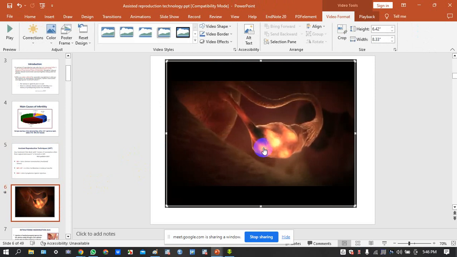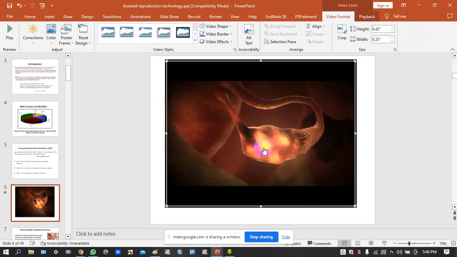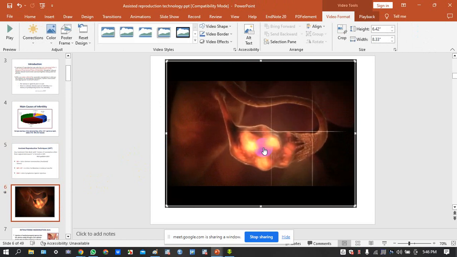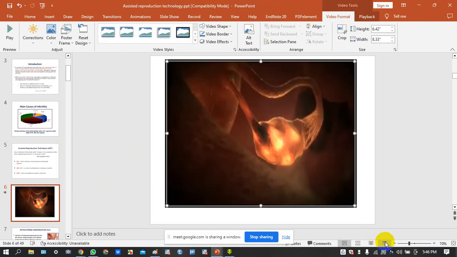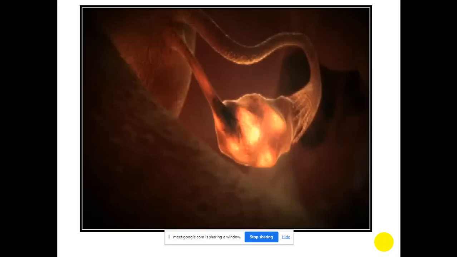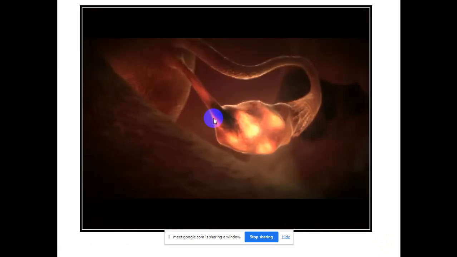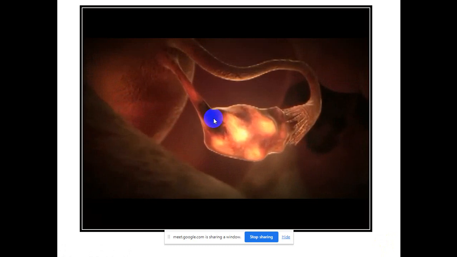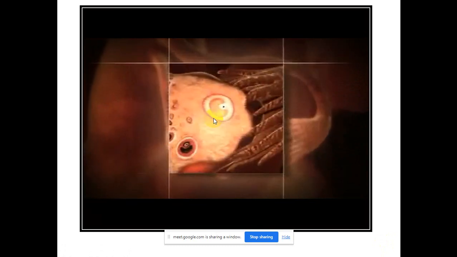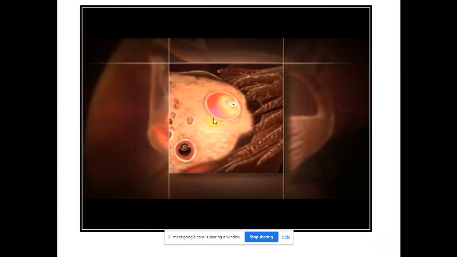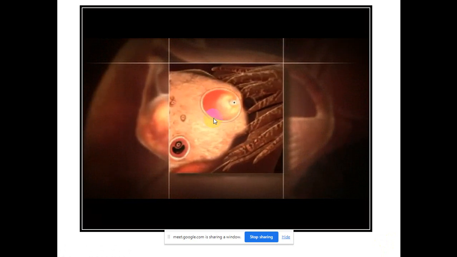The menstrual cycle of fertile women usually lasts about a month. During this time, and under the influence of the body's own natural hormones, a tiny sac within the ovary containing an egg grows to about the size of a grape.